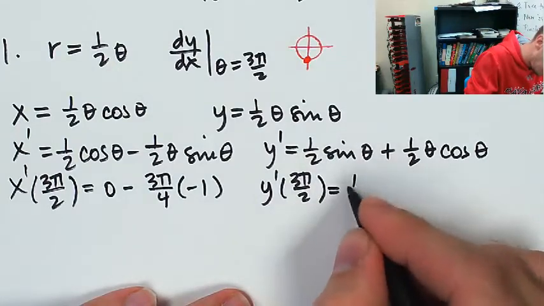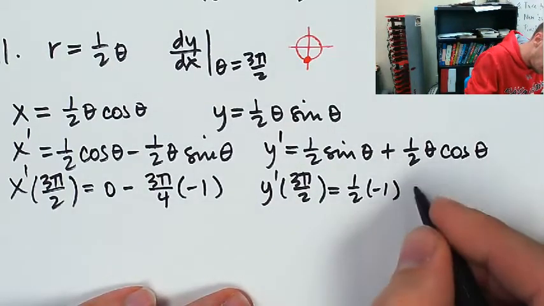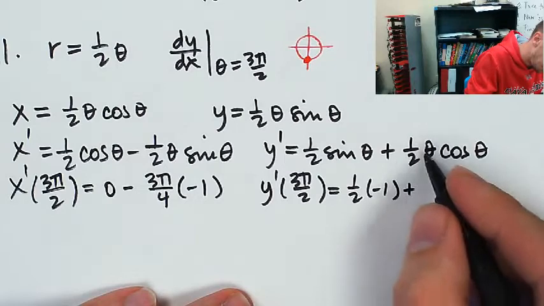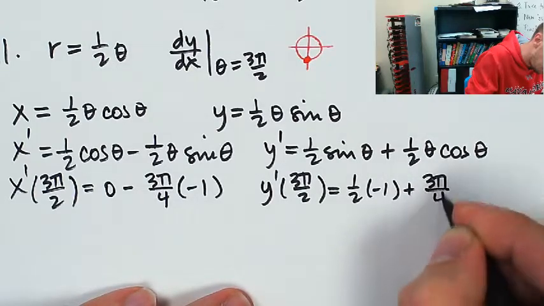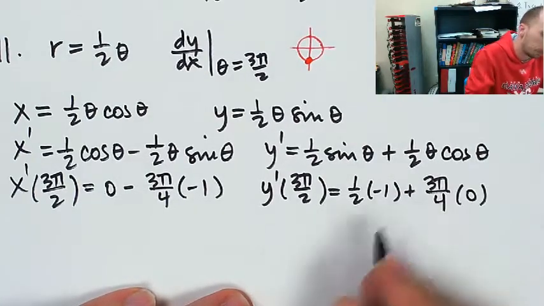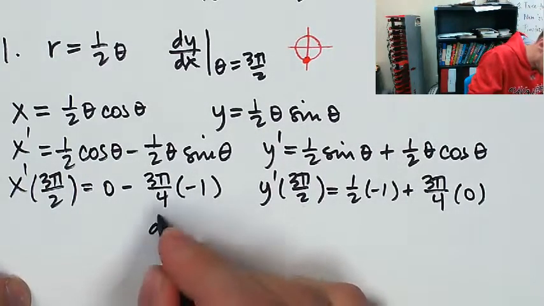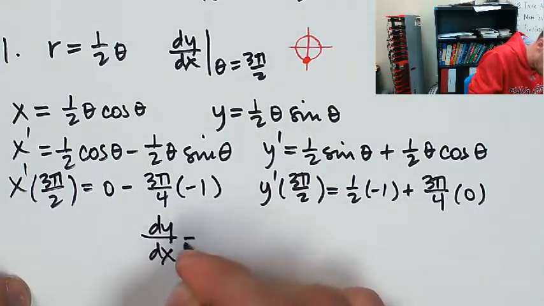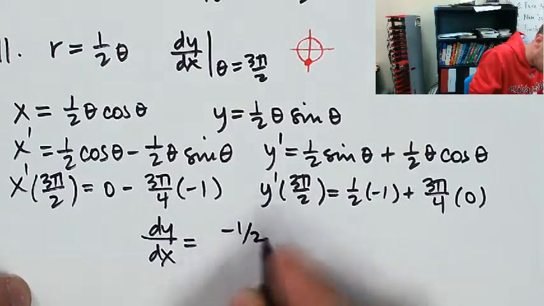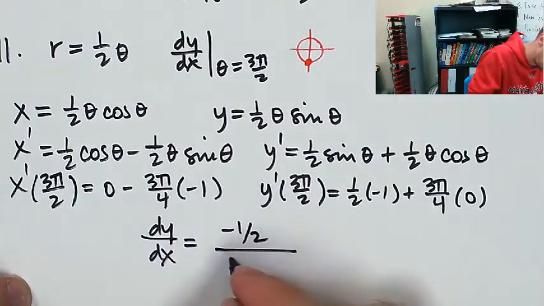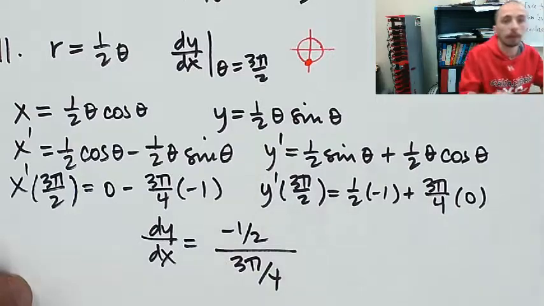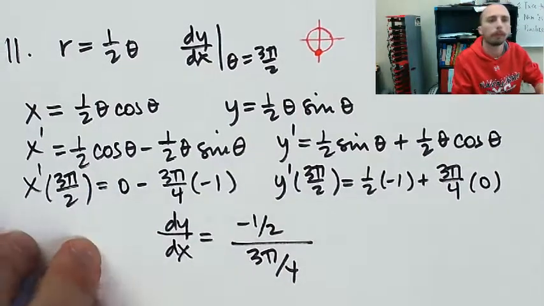And so that's 1/2 of -1 plus half of theta, which is 3 pi over 4, times cosine, which is equal to 0. And so I've got dy dx is y prime over x prime. And that is a number, and that's going to be a safe place for us to stop.